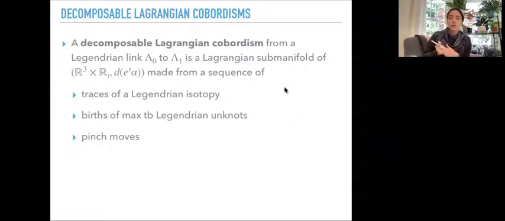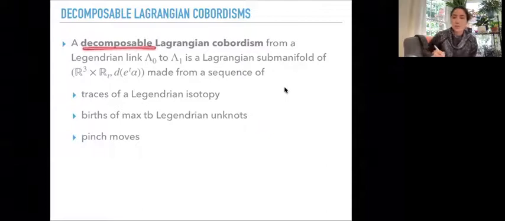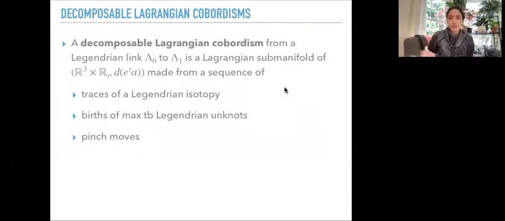One way of thinking about them is as being built up by different moves. Notice that I'm saying decomposable ones. The three moves for a decomposable Lagrangian cobordism are, first, traces of Legendrian isotopies. So now instead of just smooth isotopies, if you look at Legendrian isotopies between links, you can build up a decomposable Lagrangian cobordism between those two.